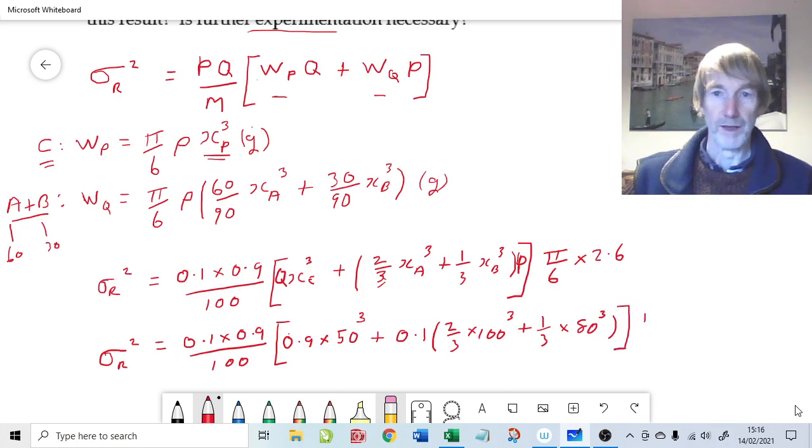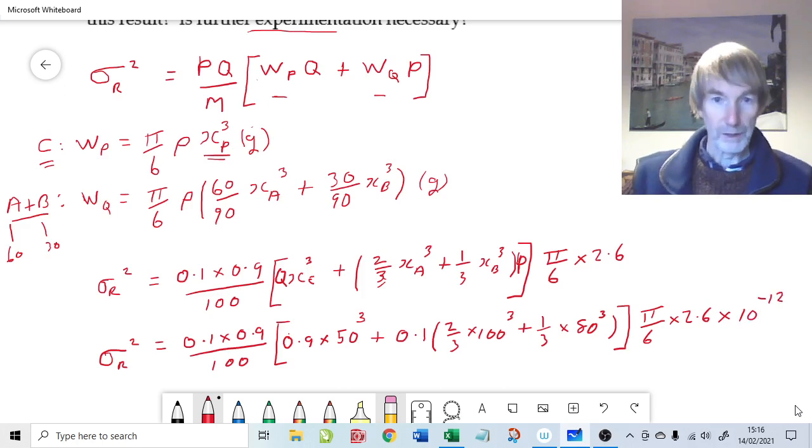And then that leaves us our pi over 6 times 2.6 times our 10 to the power minus 4, but that's got to be cubed, so that becomes 10 to the minus 12. 3 4s are 12.